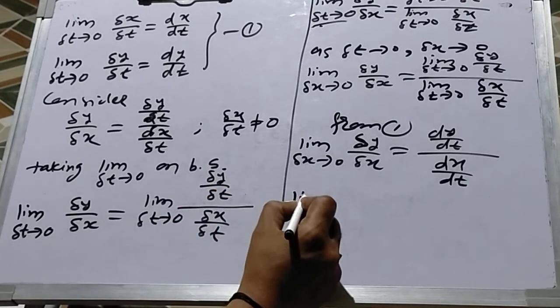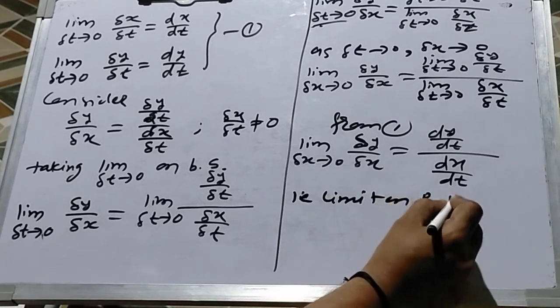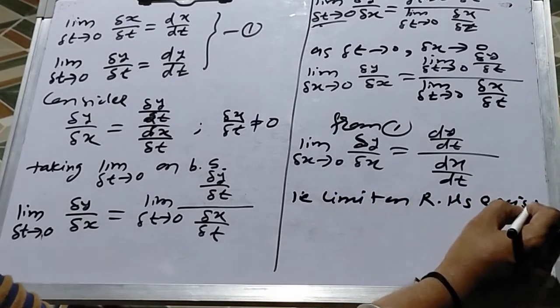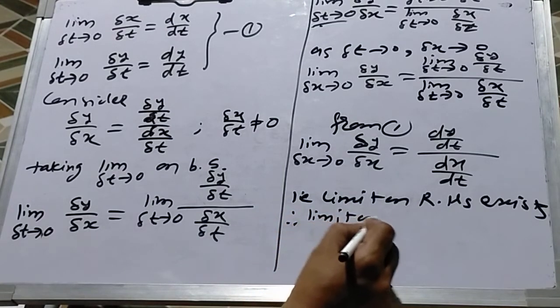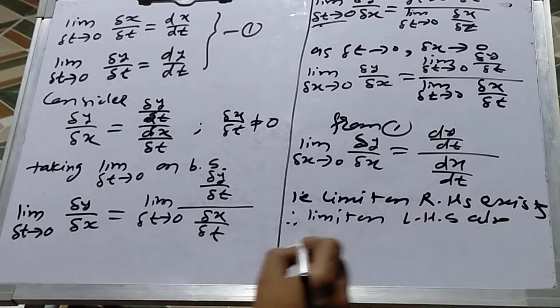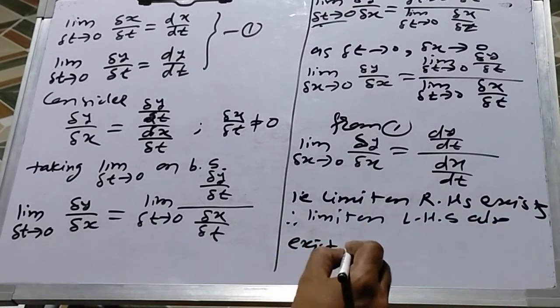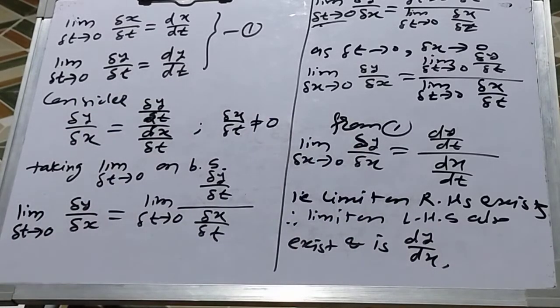The limit on the RHS exists, and therefore the limit on the left hand side also exists and is dy by dx.